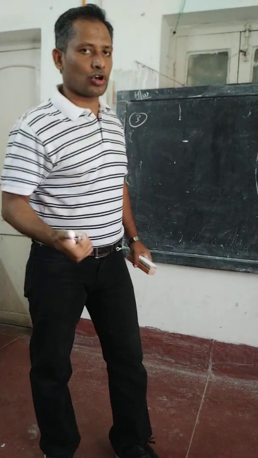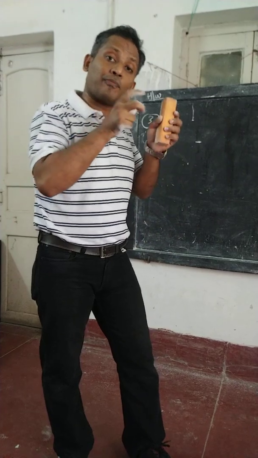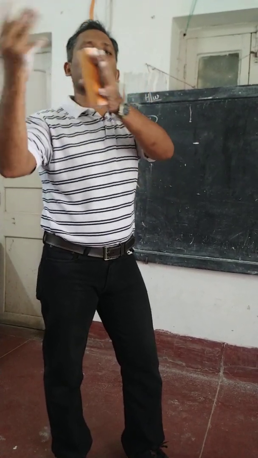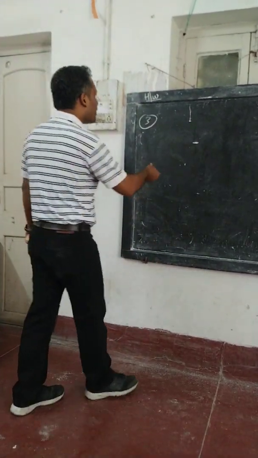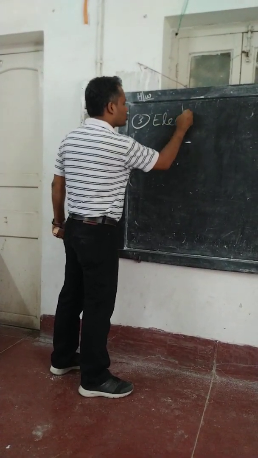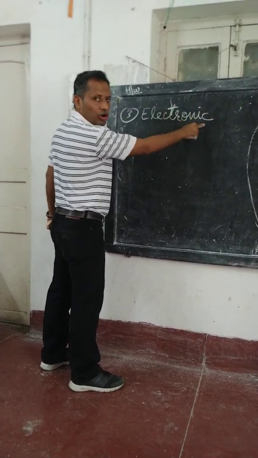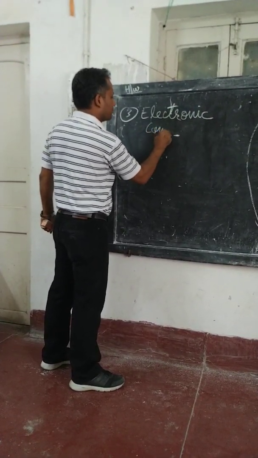We have done definition number 1, atomic number, which is the number of protons present in an atom. We have done the second definition, mass number, which is the number of protons plus the number of neutrons present in an atom. Here we have one more definition, for electronic configuration.